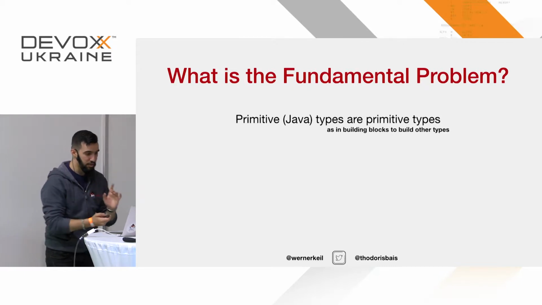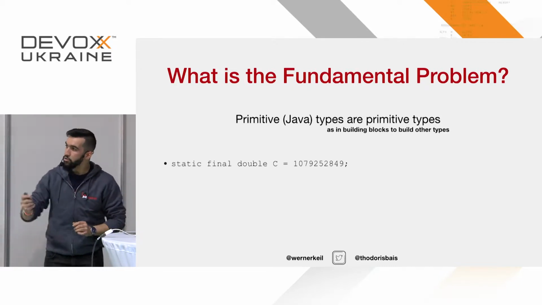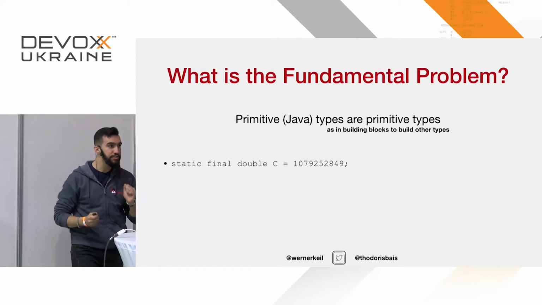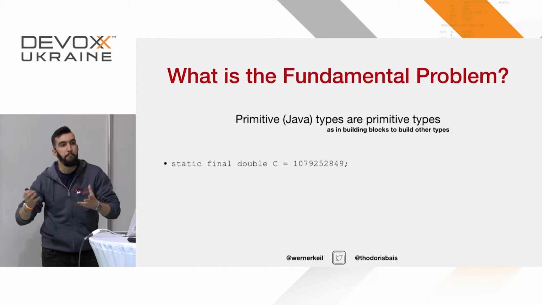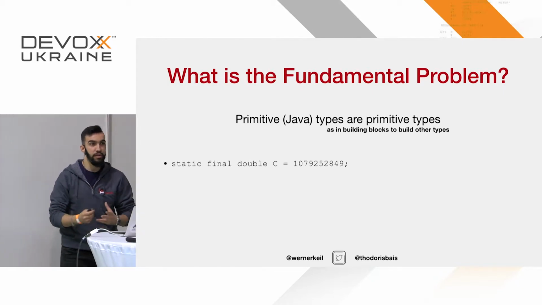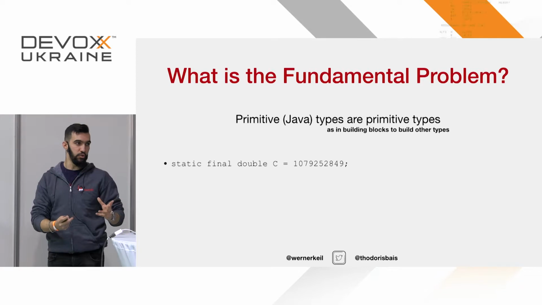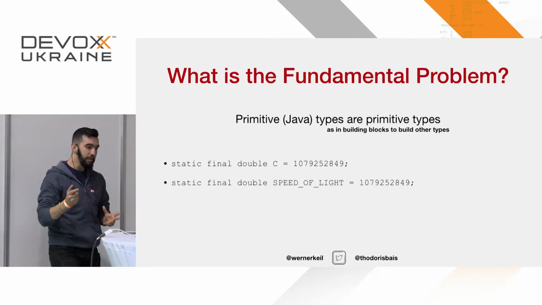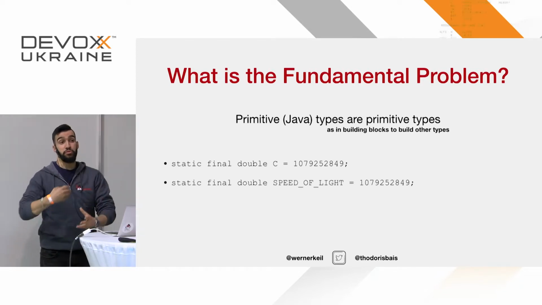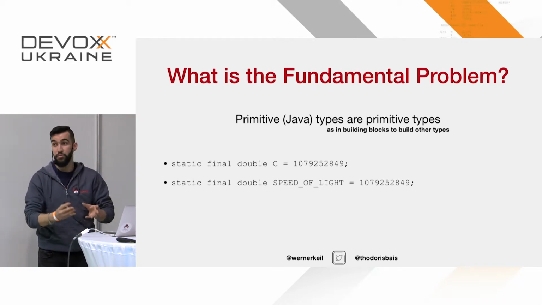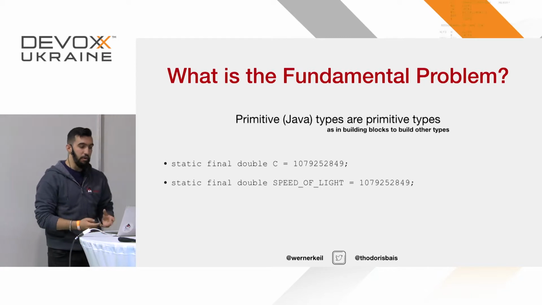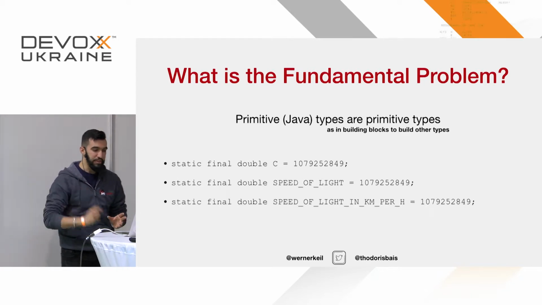Let me show you one example. First of all, how could we define the speed of light? Let's see some code, right? That could be a potential solution, a potential representation of the speed of light. Or, to put it better, we could define a constant with a better name, right? However, it's still not pixel perfect.